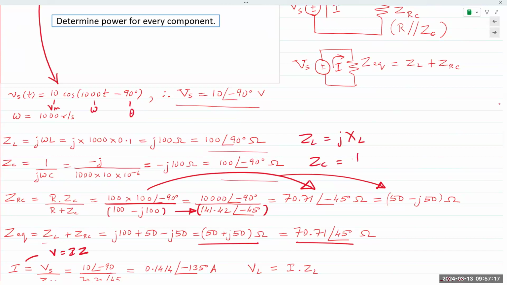ZC is 1 over JXC. And so the J or minus J is basically the phase angle, 90 degrees or minus 90 degrees. And so it's the magnitude of the impedance, 100 ohms. Again, reactance has the same units as the impedance. Right? Reactance, impedance, and resistance, they all are described in ohms.